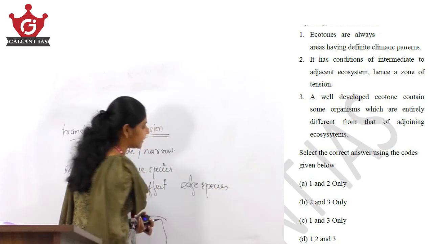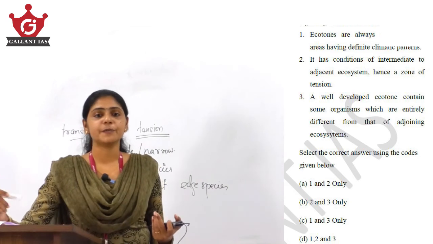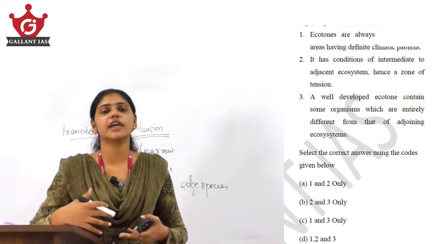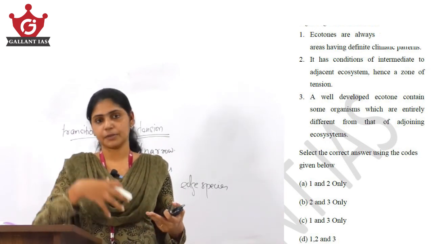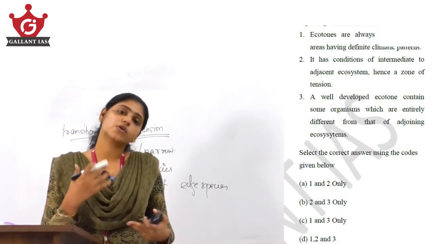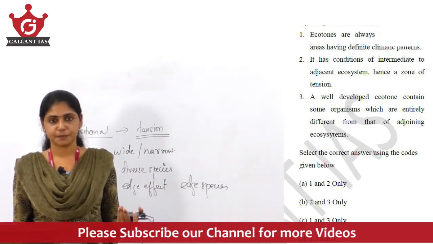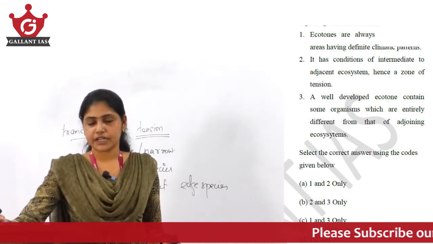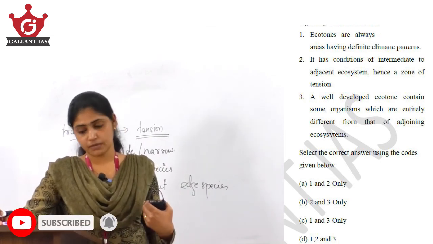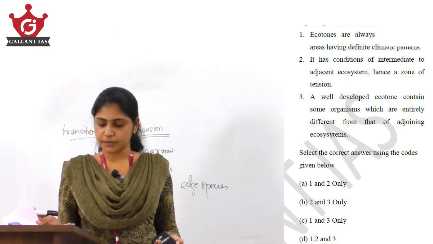And also you can experience certain species which are entirely different from the two adjoining ecosystems. Why? Because the influence of both ecosystems comes into the picture when we take the case of an ecotone. So the third statement is also a right statement: a well-developed ecotone contains some organisms which may be entirely different from the adjoining ecosystem as well. So 2 and 3 will be your answer.